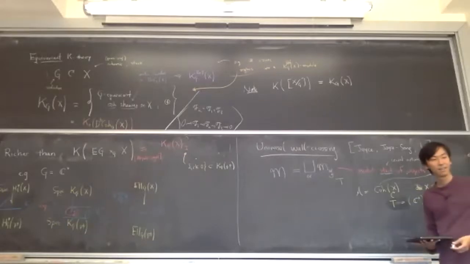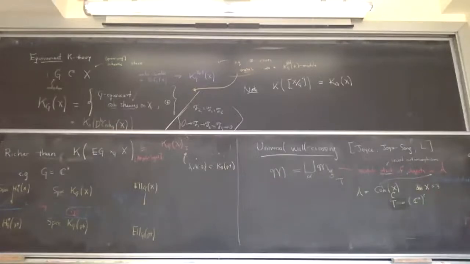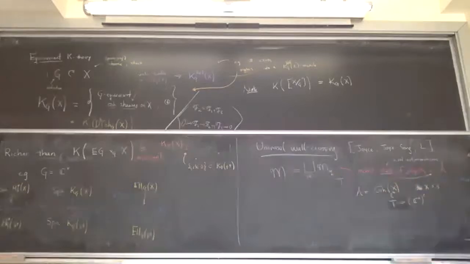So you're just recording the action of the torus. In this category A, of course, you'll have some kind of data to do with the automorphisms, but the moduli stack itself doesn't really care about that stuff.